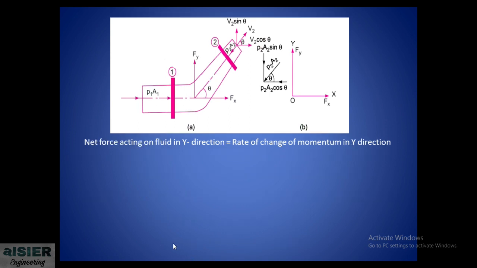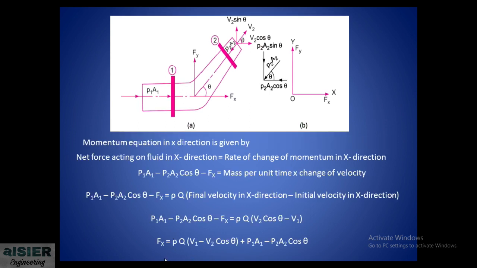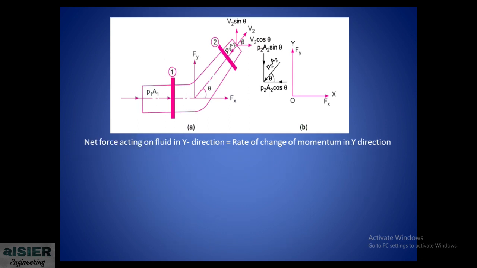So now we have seen the force along the x direction. Now the momentum equation in the y direction. It is the same: the net force acting on a fluid in the y direction equals the rate of change of momentum in the y direction. Similarly, we need to find the forces along the y direction and the change in momentum in the y direction.